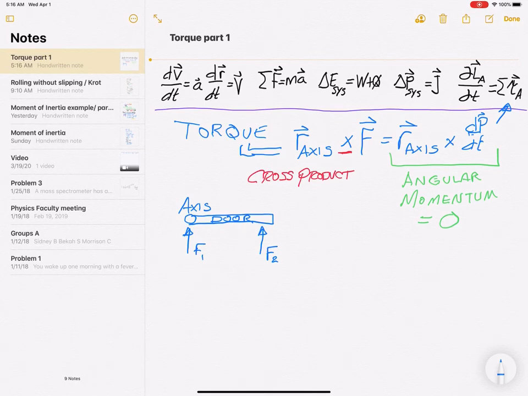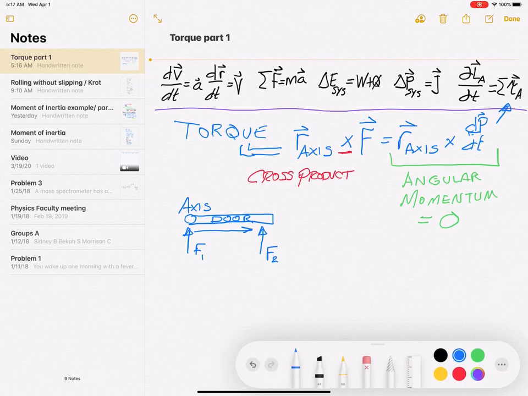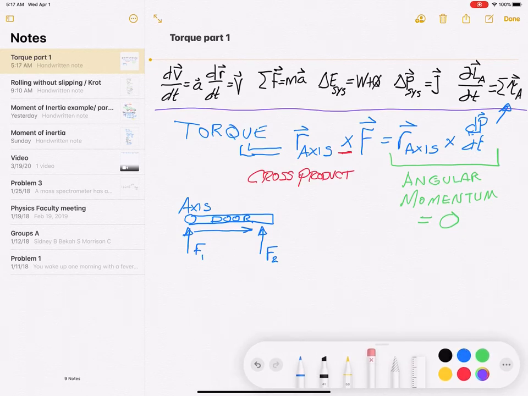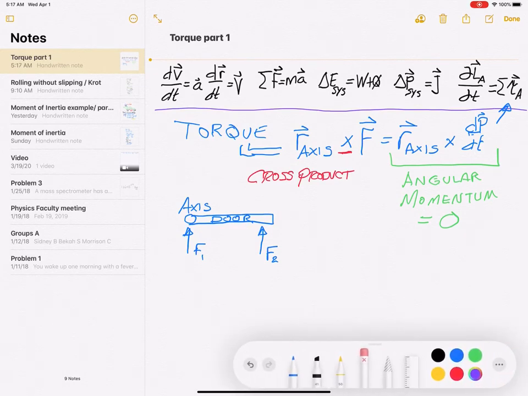That's because with F2, you have created a larger torque due to the distance between the axis and where the force is applied.